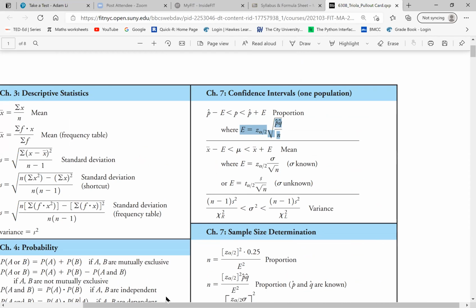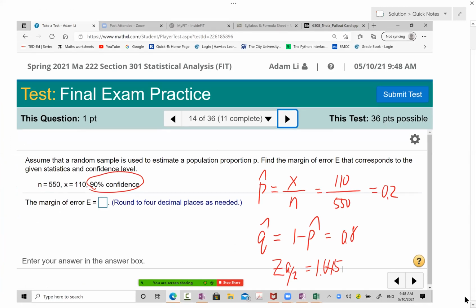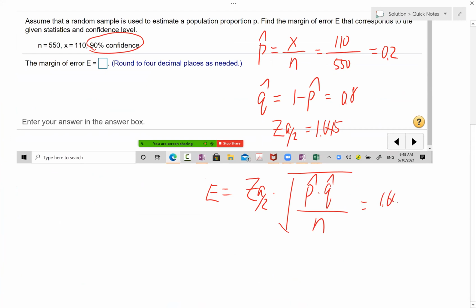So now let's go back. Margin of error equals critical z-score, z alpha over 2, times square root of p hat times q hat over sample size. Plugging in the numbers, 1.645 times square root of 0.2 times 0.8 over 550, which is the sample size.